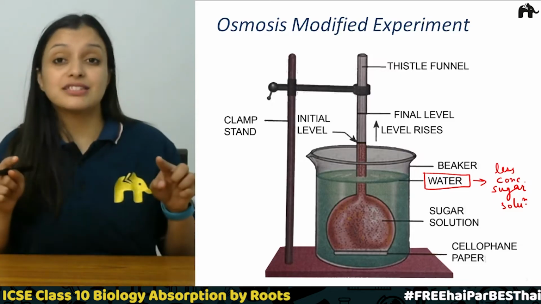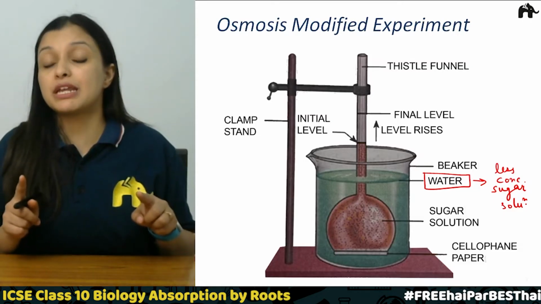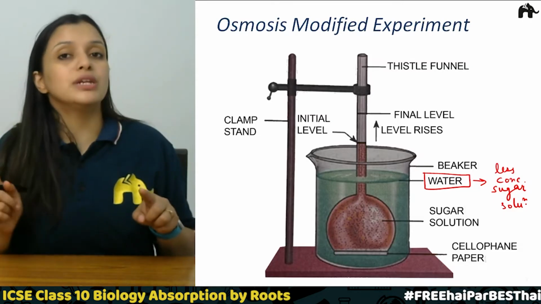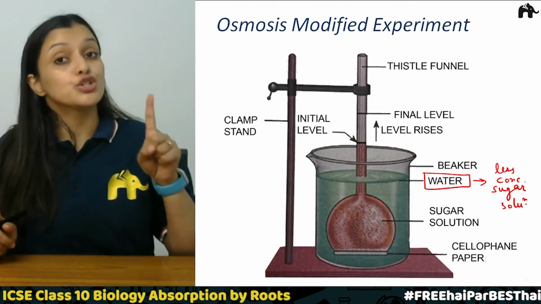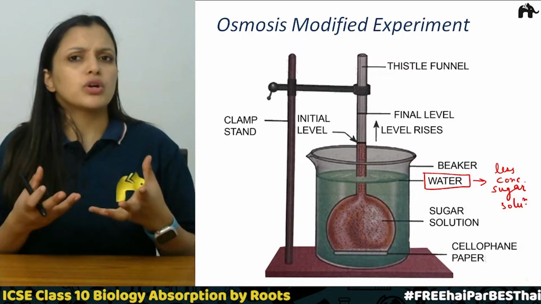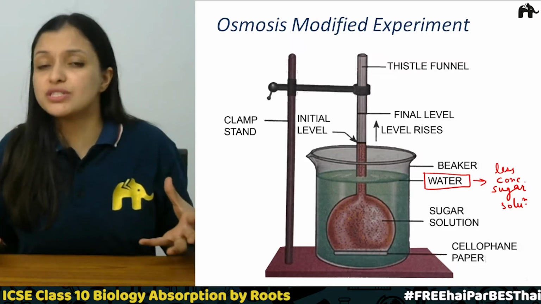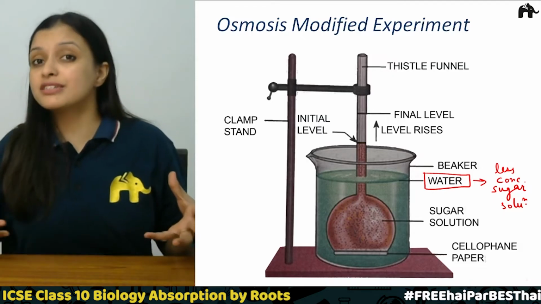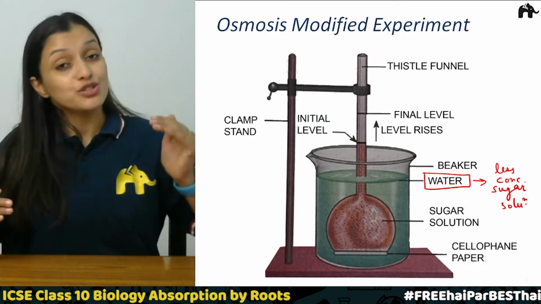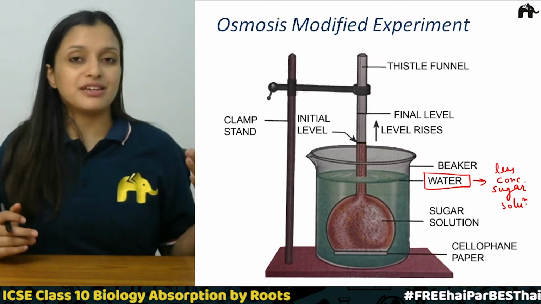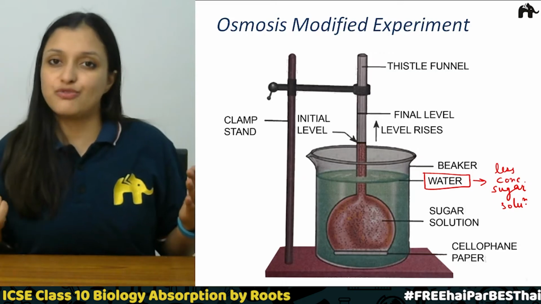So they are very simple, right? Again there is a cellophane sheet which is a selectively or differentially permeable membrane. So this membrane will only allow water molecules to pass through it and not the sugar molecules, right? So what will happen? Where is more amount of water? Because in osmosis, water is moving from its higher concentration to its lower concentration. So water molecules in the beaker are more as compared to the water molecules inside the funnel, right?